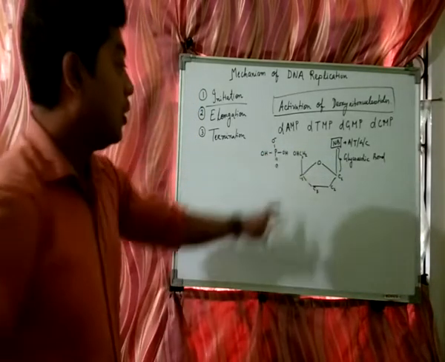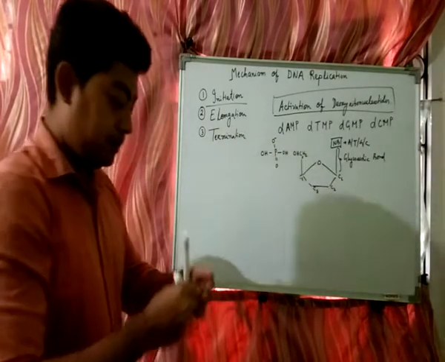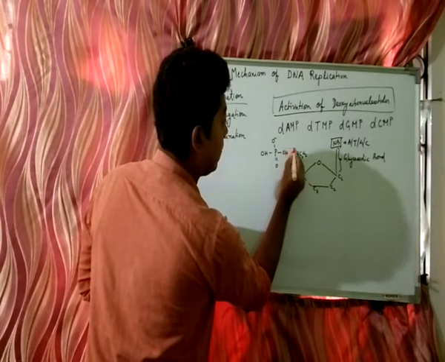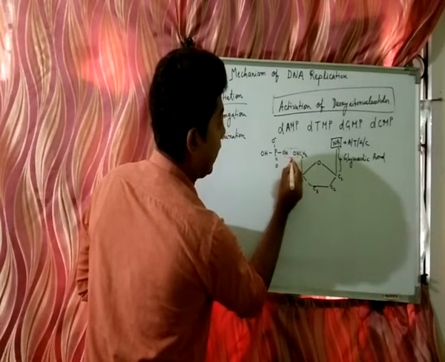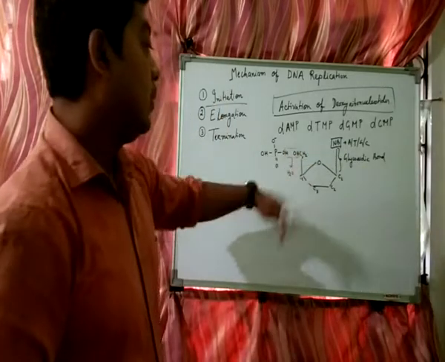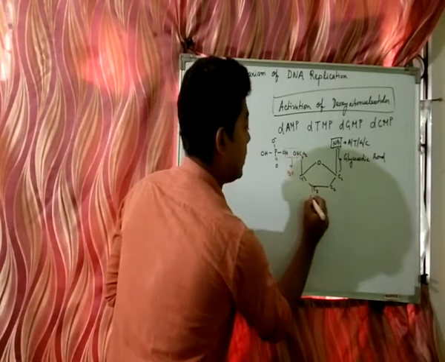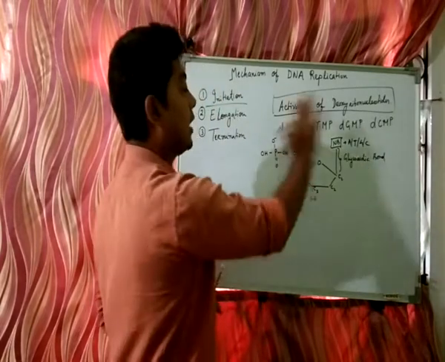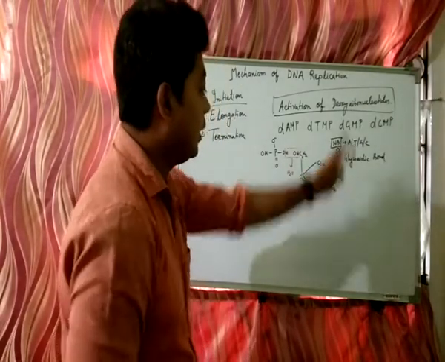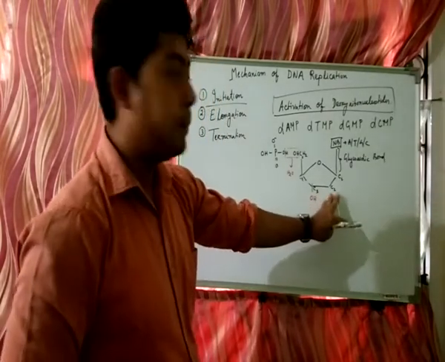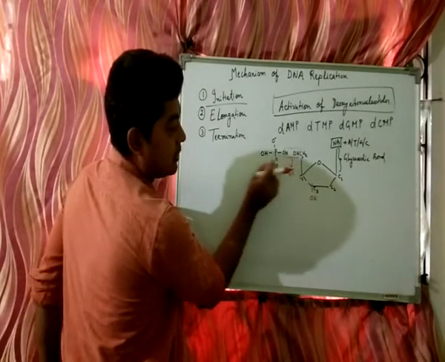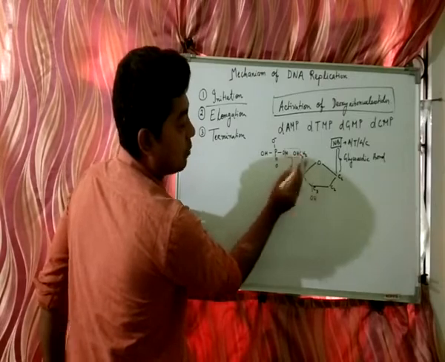Now OH and OH combine and release a water molecule. We are talking about DNA, not RNA, because in DNA the oxy group is missing, that's why it is called deoxy. So here you see, the water is released and this phosphate is joined at the 5 carbon position.